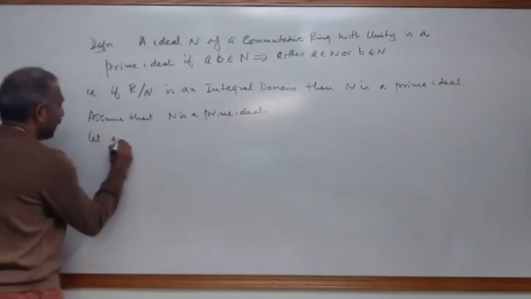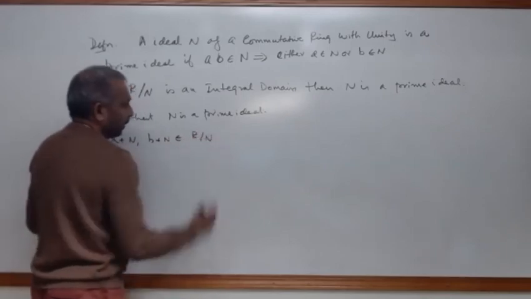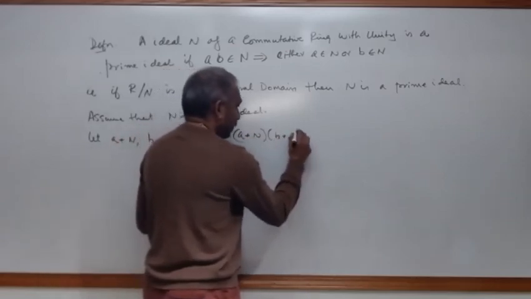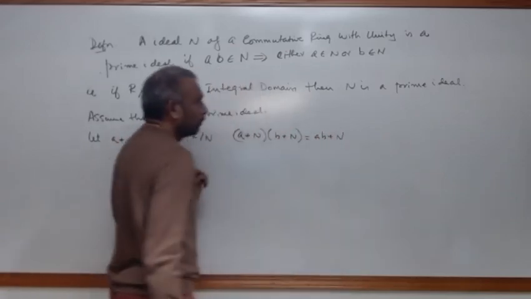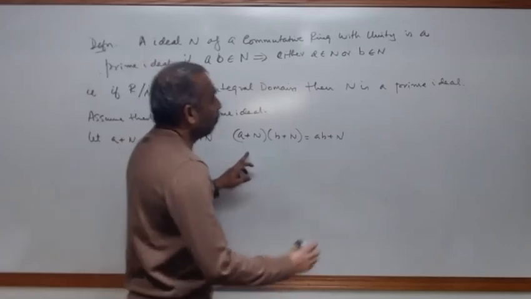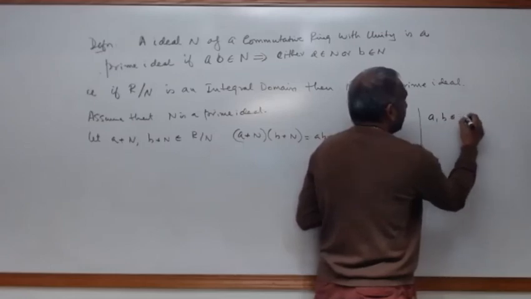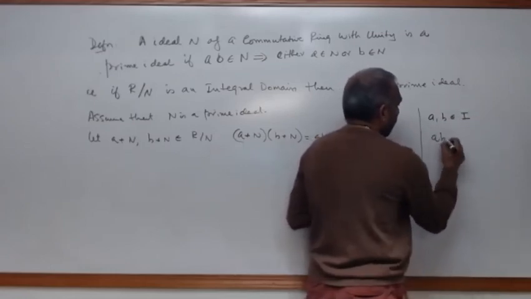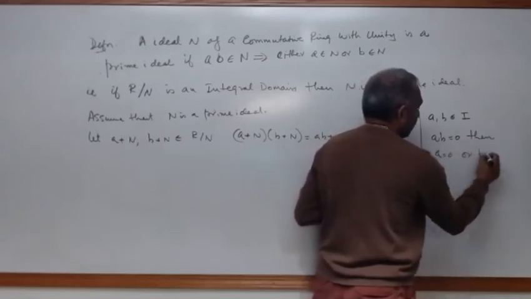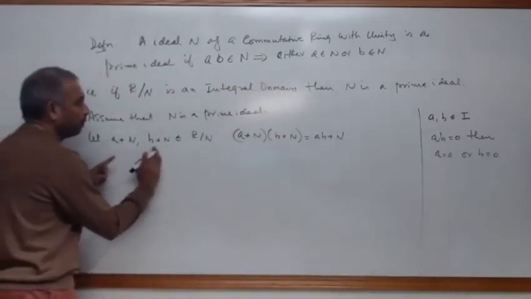So let A plus N, comma B plus N belongs to R by N. Then A plus N times B plus N is equal to AB plus N. So actually, what we want to prove is, take two elements in ID, and if AB is equal to 0, then we need to show that either A is equal to 0 or B is equal to 0. So we have to prove that either A plus N is equal to 0 or B plus N is equal to 0.